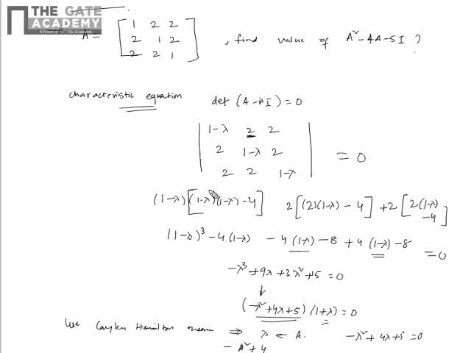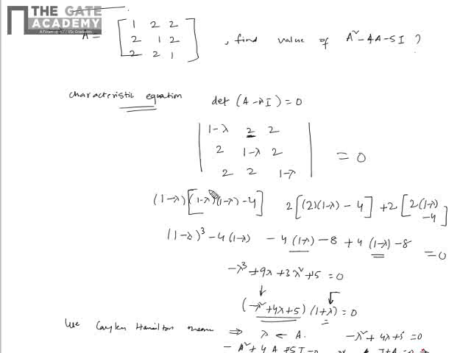The other root cannot be 0, so this can't be 0, because lambda plus 1 is equal to 0. So if you substitute a there also, you will get either minus a square plus 4a plus 5i is equal to 0, or 1 plus a is equal to 0, that means i plus a is equal to 0, but a can't be that, because a is already given.